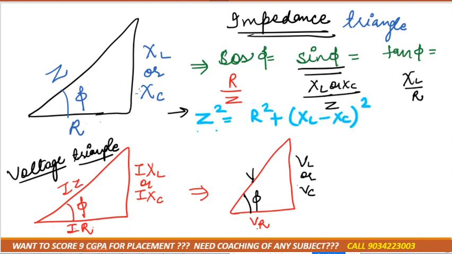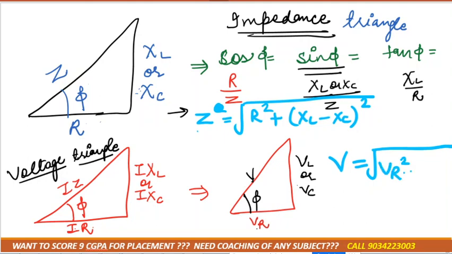So if I solve it further, then Z would be equal to root of R square plus XL minus XC whole square, right? Similarly, if we are having voltage, then in that case V would be root of VR square plus VL minus VC whole square, right? Okay, now these are the voltage triangle and impedance triangle. Draw it.